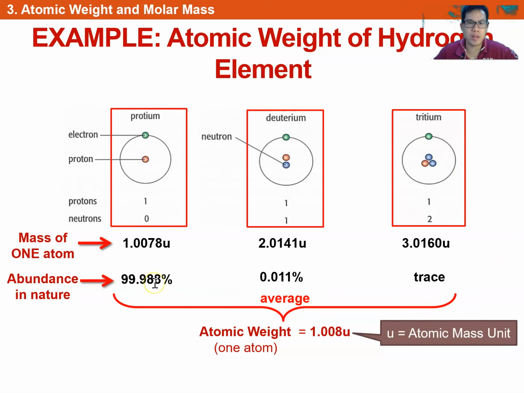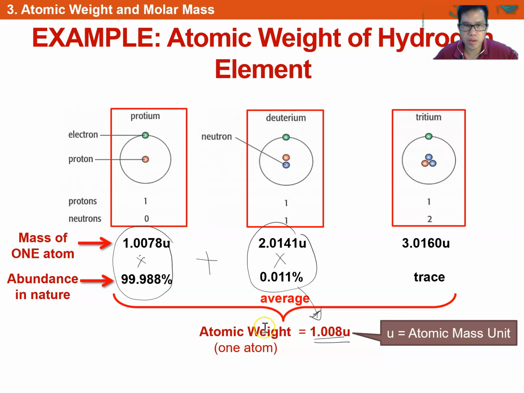So how you calculate is that you multiply 1.0078 U by 99.988%. Once you get this amount, you get about 1.008 U. You can calculate and try that.